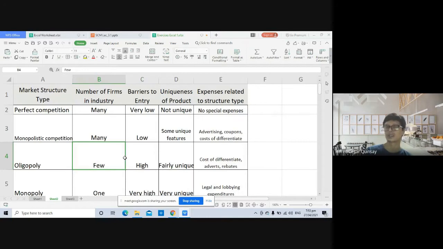These are the Ayalas, the Sys, the Robinsons, Gokongwei, Lucio Tan. The number of firms in the industry is but a few players. They have practically dominated the business world here in the Philippines, no?